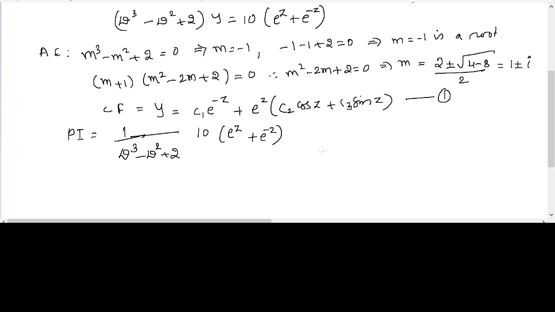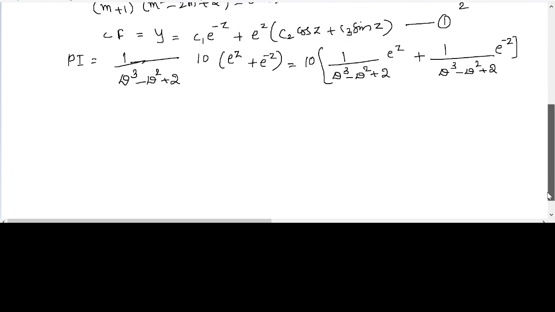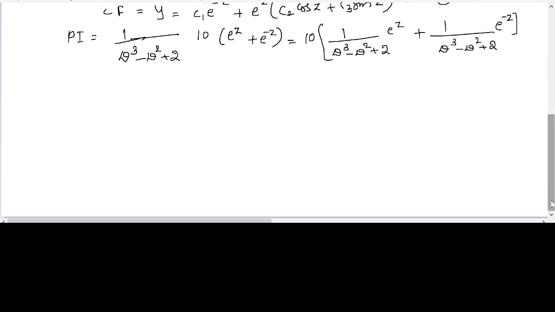Now we split into two, that is 10 into 1 upon D cube minus D square plus 2 into e power z, plus 1 upon D cube minus D square plus 2 into e to the power of minus z.